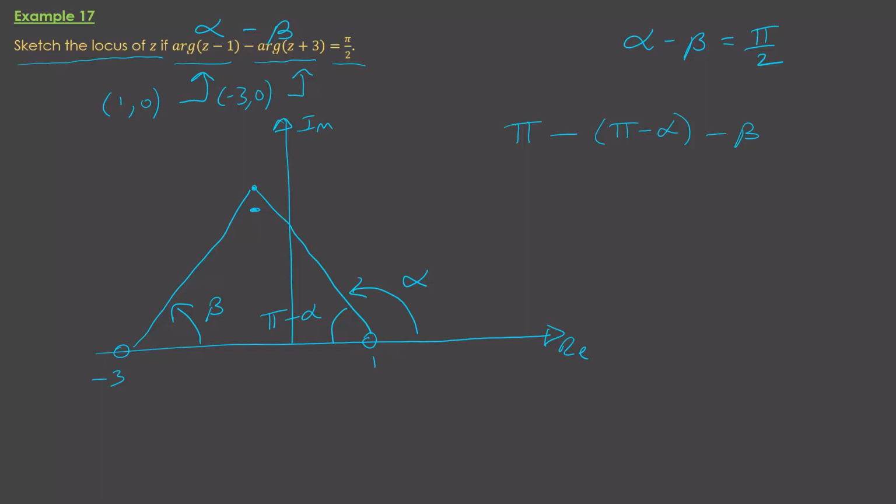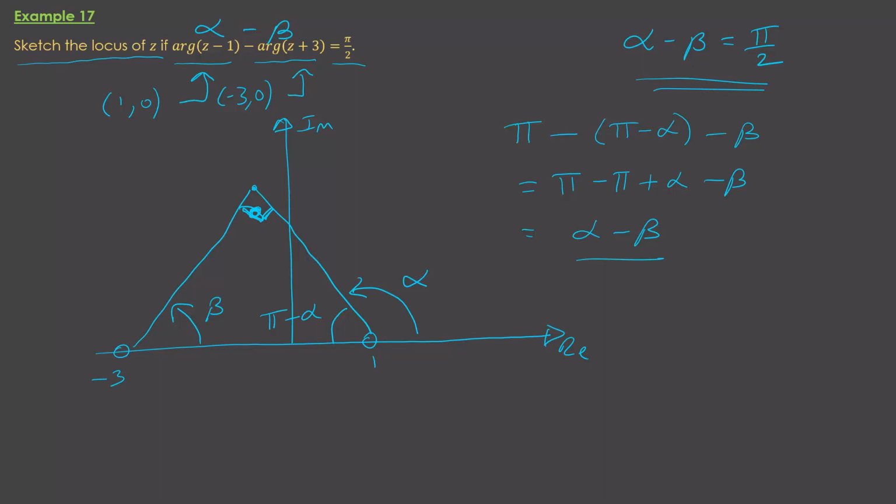And so that angle there is π minus π plus alpha minus beta, which is alpha minus beta. So the angle at the top of the triangle here is alpha minus beta, but alpha minus beta is π/2. So this is a right angle.